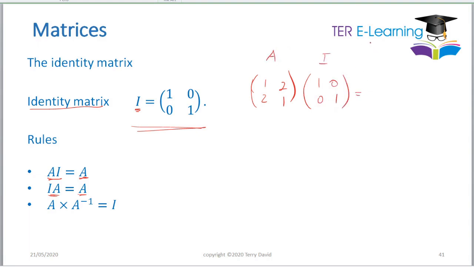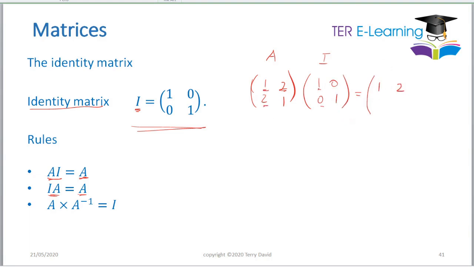If I multiply this, I'm going to apply my rules to multiply, row by column. So this 1 by this 1 gives me 1 plus this 2 multiplied by 0. So therefore, I'm going to get 1, right? To get this element here, it's going to be this 1 by 0, which is 0, and 2 by 1 gives me 2. So I'm going to get 2 coming here, right?